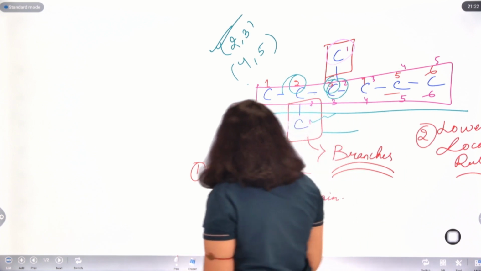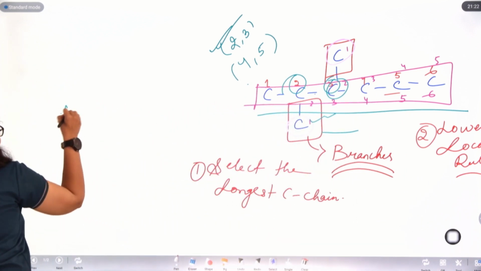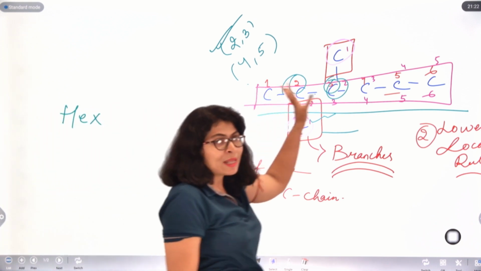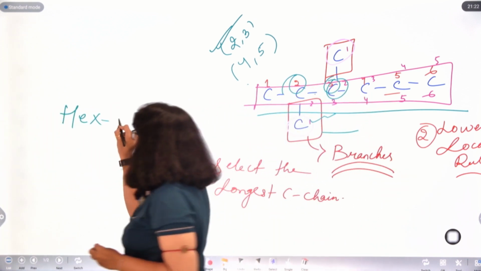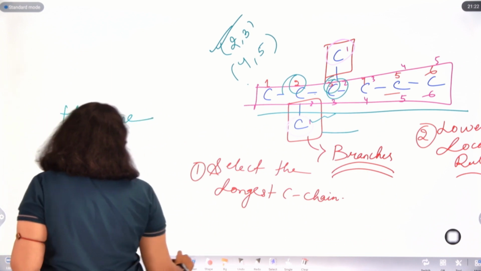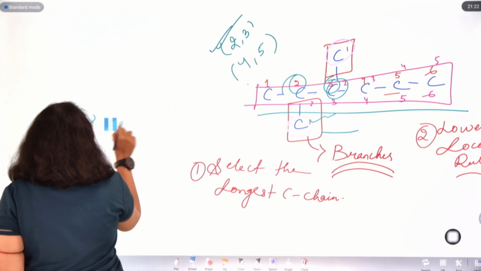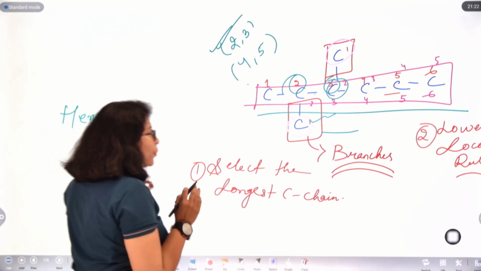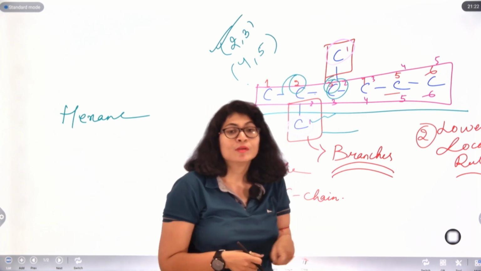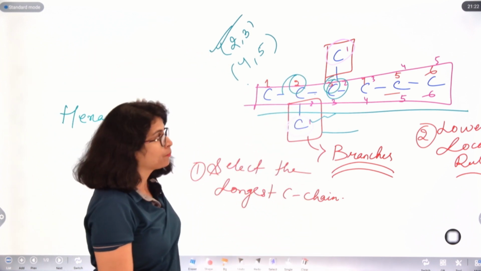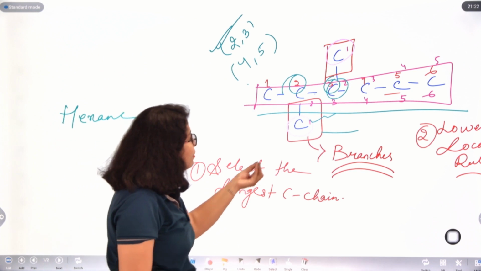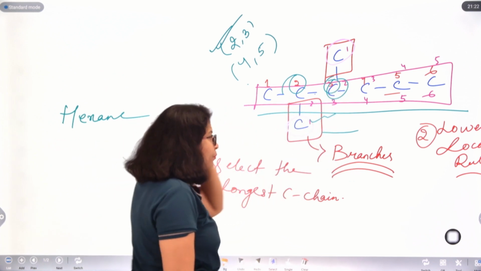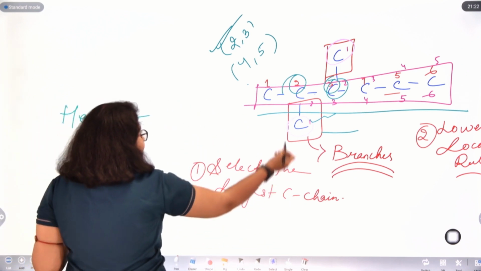So how many carbon atoms are there? 6 carbon atoms. That's why the name hex. And all are alkane, so hex-ane. No need of giving the hyphen. Hexane. But what will happen to these branches? They will come to the prefix side. The first branching I was having at second position, the next branching at the third position, and both were of a single carbon.